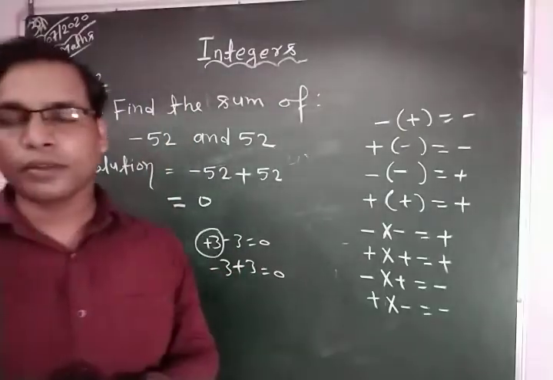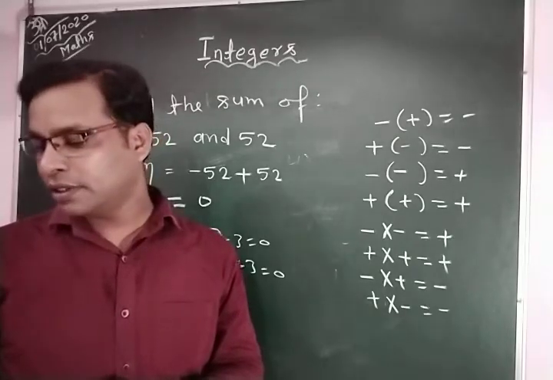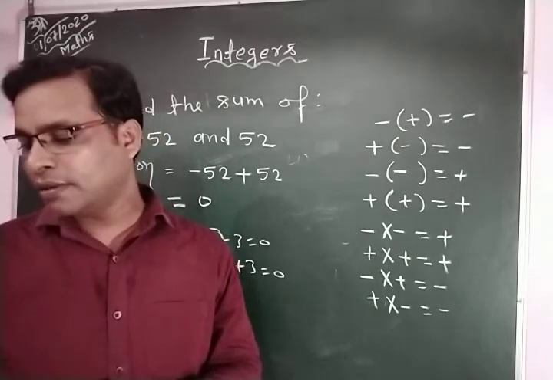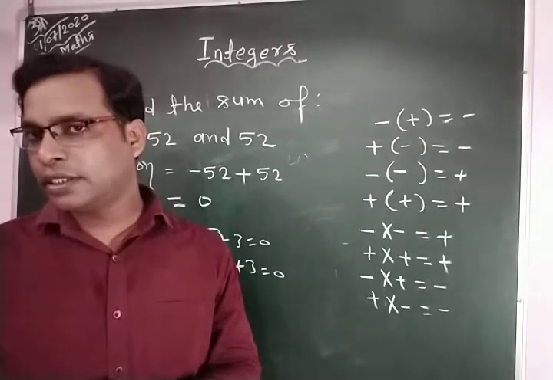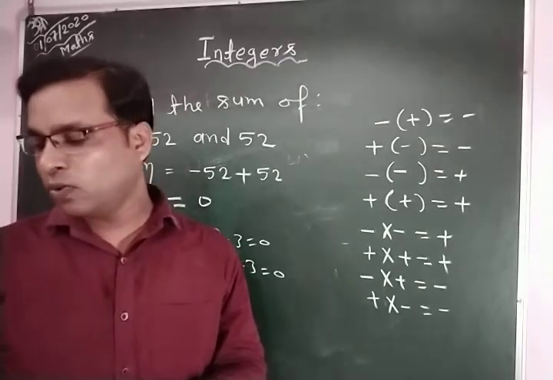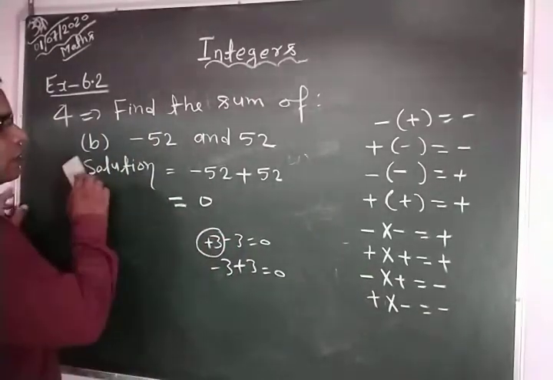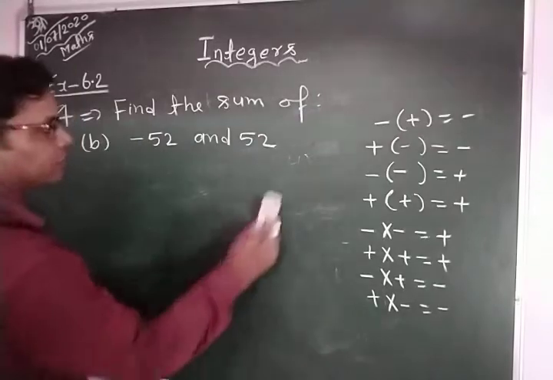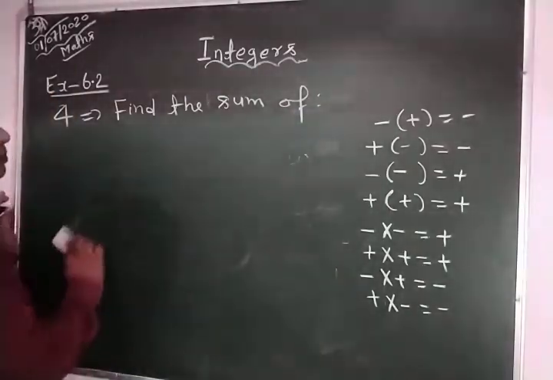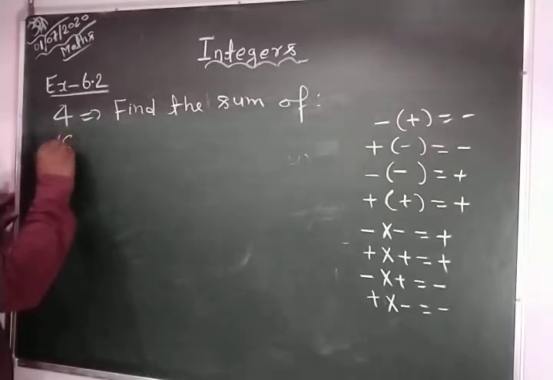Now we are going to discuss the next part. The next part is part C: minus 312, 39 and 192. Let's see how to solve this part. This is part C of question 4.